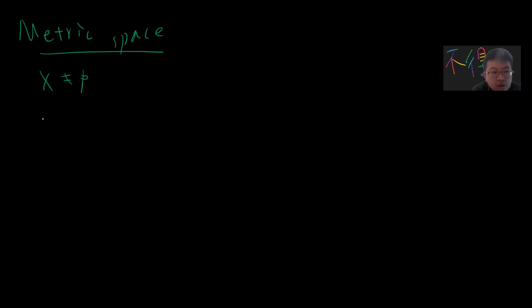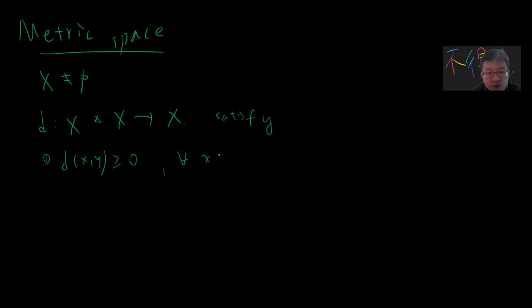Today, let's quickly review metric spaces. Let's say we have a non-empty set X, and a function d from X times X to the reals, which is viewed as a distance, and satisfies the following. First, d(x,y) is greater than or equal to 0 for x, y in X. Second, the distance should be symmetric.